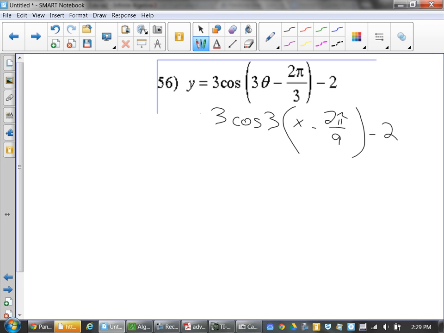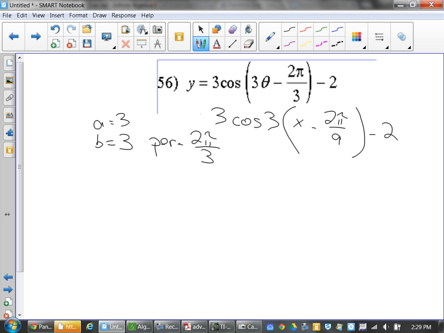So we now know that we can find our amplitude and our period and our vertical and horizontal shift. I know that my amplitude, my A value, is 3. My B value is 3, which means my period is 2 pi over 3.